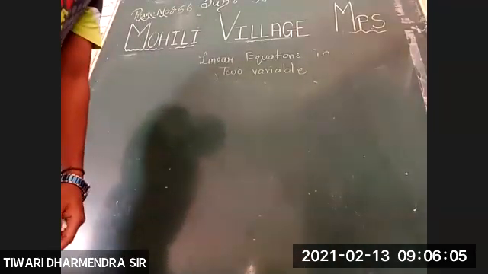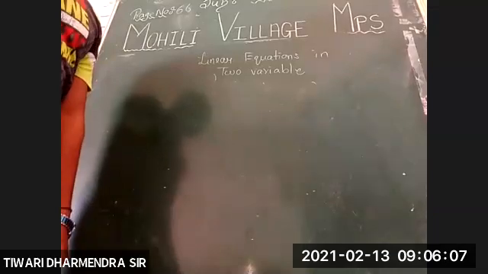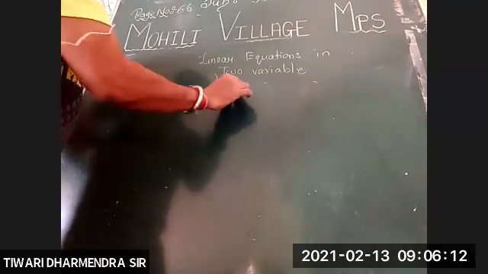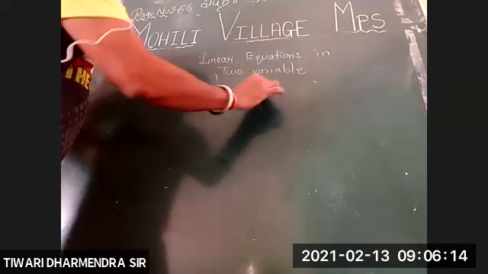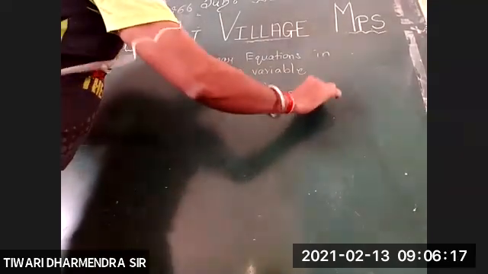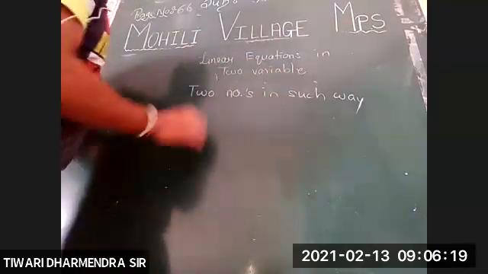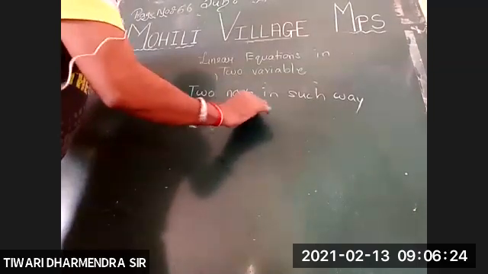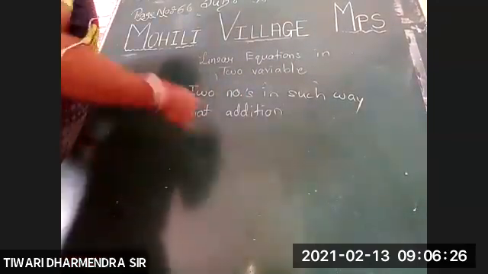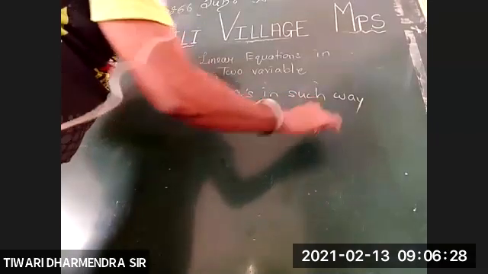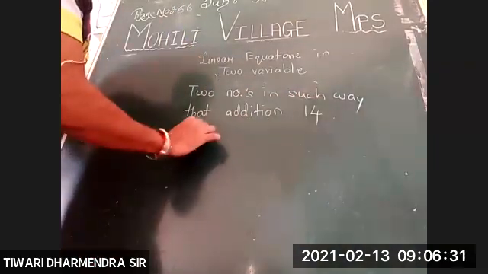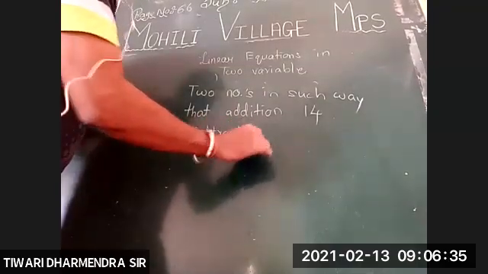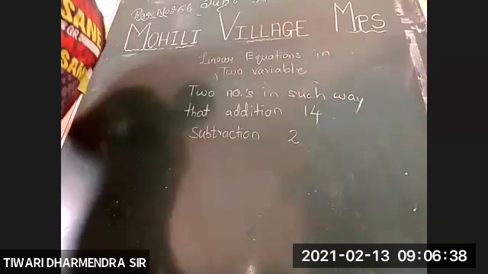Can we have two numbers in such a way that the addition of these two numbers gives me 14 and the subtraction of these two gives me 2?